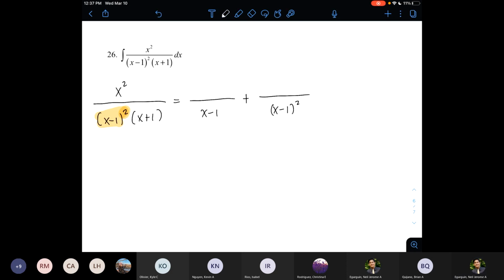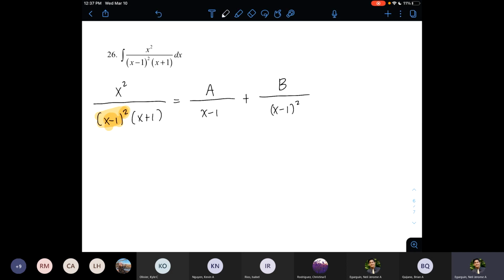And the repeated factor is x minus 1. It's linear, so the numerators of the little fractions that came out of x minus 1 should be generic constants. So this must be a generic constant, and this must be a generic constant. And we need to solve for a and b, all right?